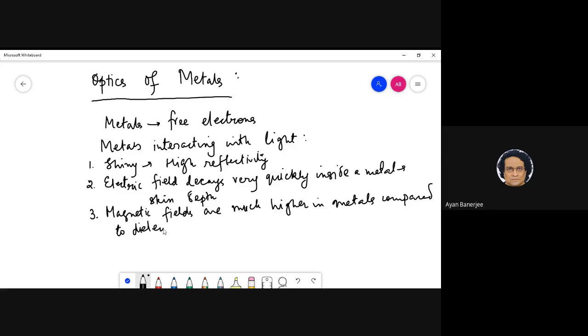So typically in a dielectric medium, we know that E by B is the velocity of light, right? So what we will see here is that is not true. That is much far larger.